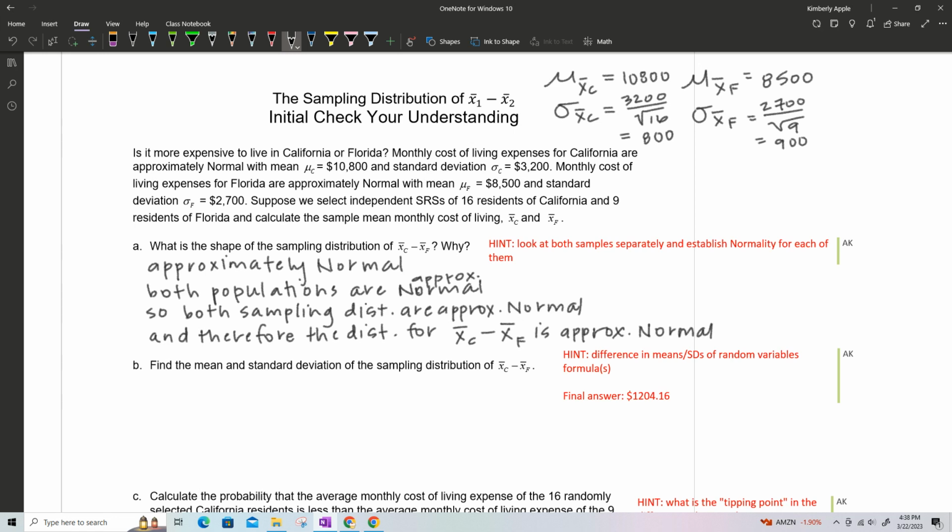We had to establish that both sampling distributions are approximately normal because the populations are normal. And then we also know that the difference is normal because both sampling distributions are normal. So after that, what we want to do is find the mean and standard deviation of the sampling distribution for the difference.